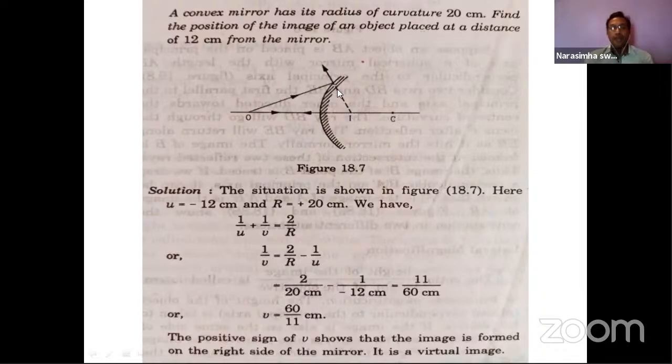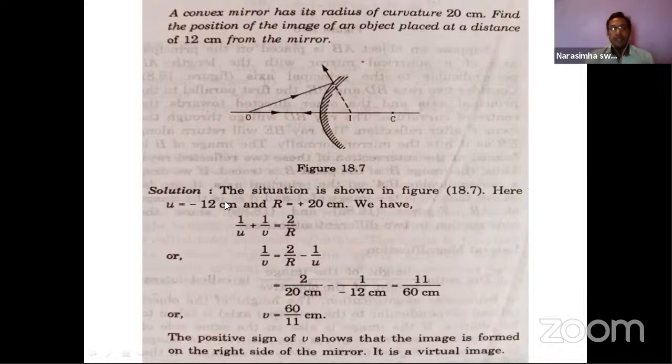You draw the back extension of this ray, and the back extension of the other ray is this way, and both meet at this point. Here the image will be formed. If the person is observing from this point, the image appears to be here.